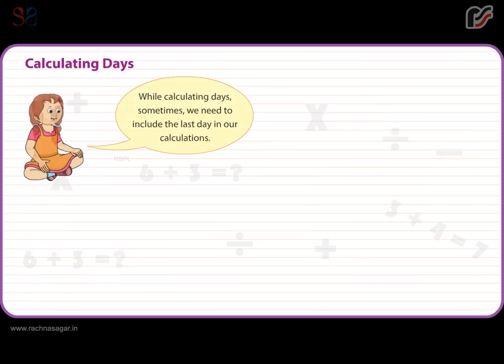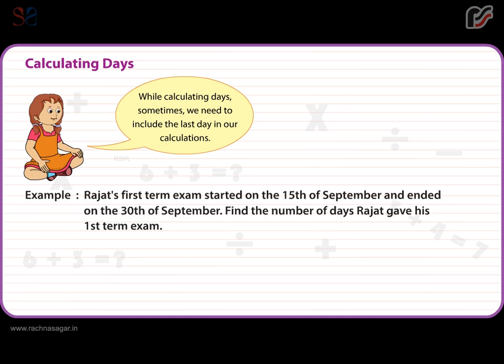Calculating days. While calculating days, sometimes we need to include the last day in our calculations. Example: Rajat's first term exam started on the 15th of September and ended on the 30th of September.